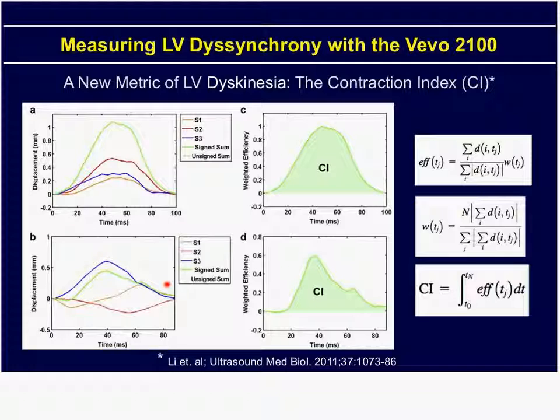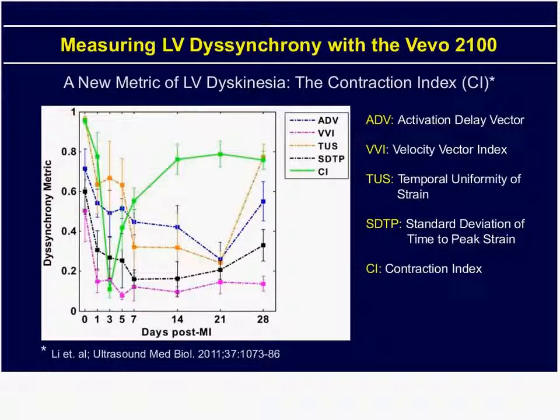If we take absolute values, we get a bigger curve than if we take the signed sum. So that's what gives rise to the weighting of the contraction index. It's specifically weighted in order to be sensitive to dyskinesia.